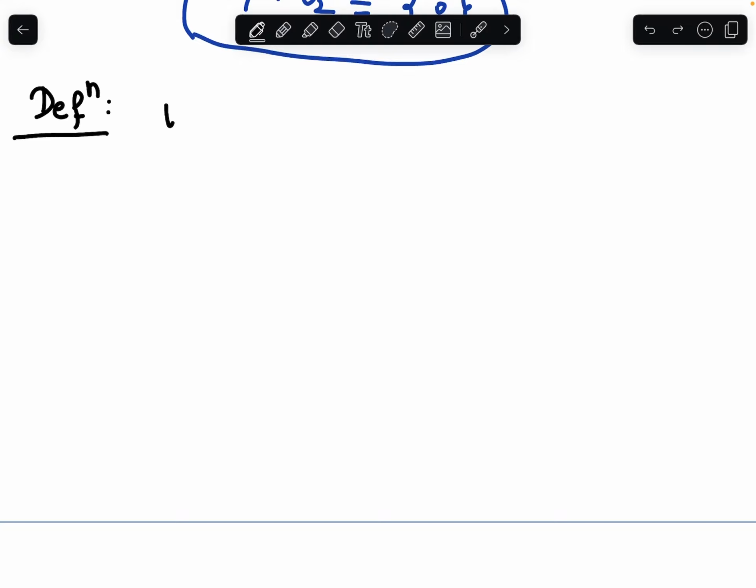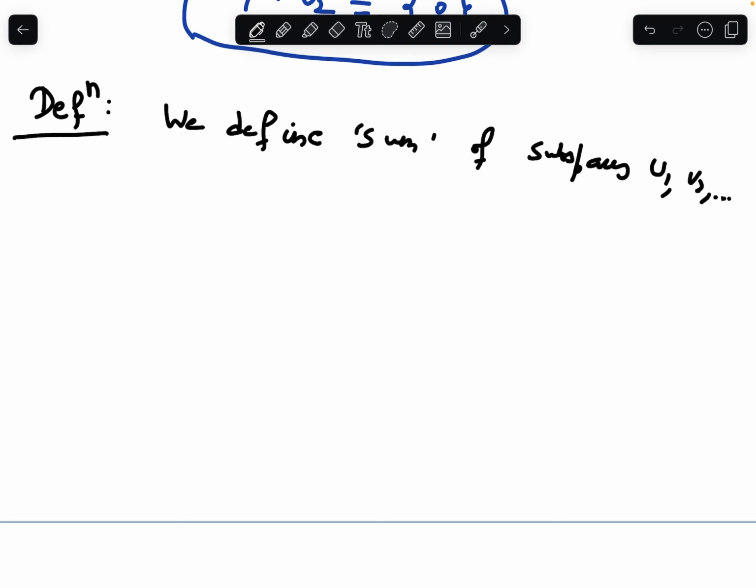So we define the sum of subspaces U1 through Un as follows.